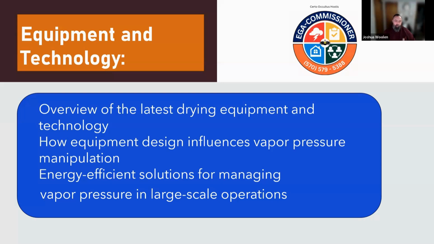It's all important that we understand the airflow designs, the heat distribution, the materials that are handling and retaining moisture, and what their reaction is to all of this stuff, right? And another unique thing that's come up with our equipment is that it has become more and more energy efficient for managing vapor pressure in large scale operations.